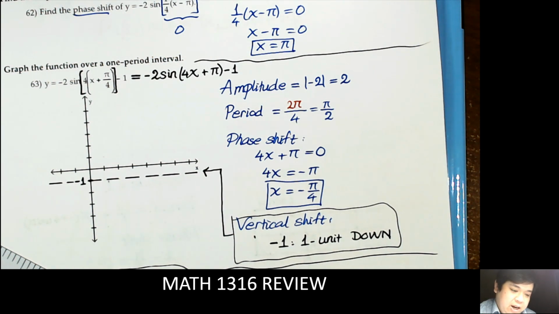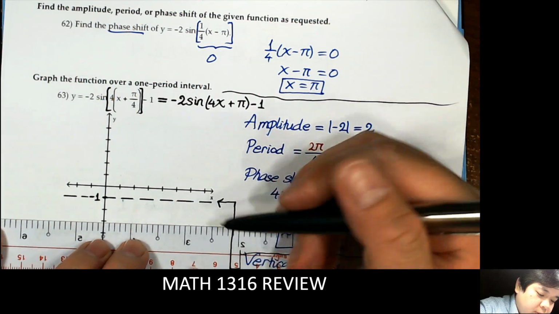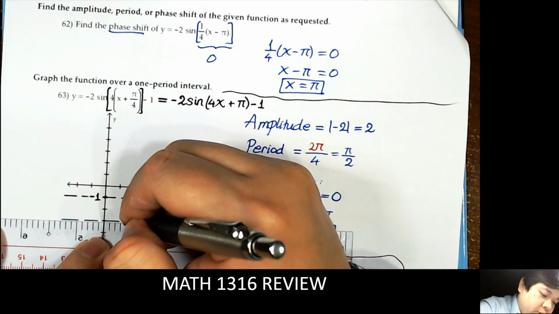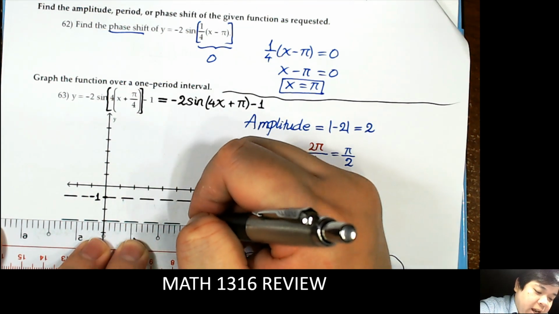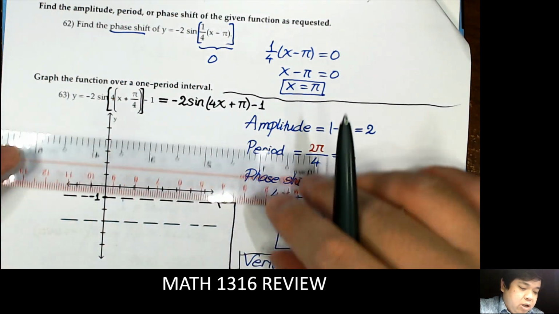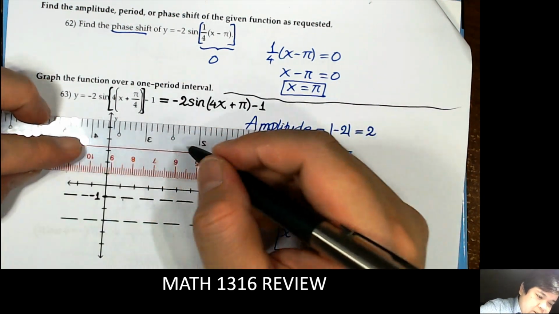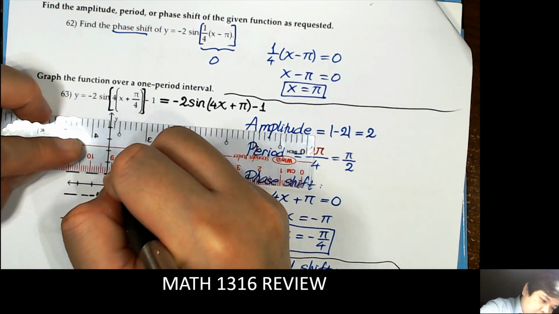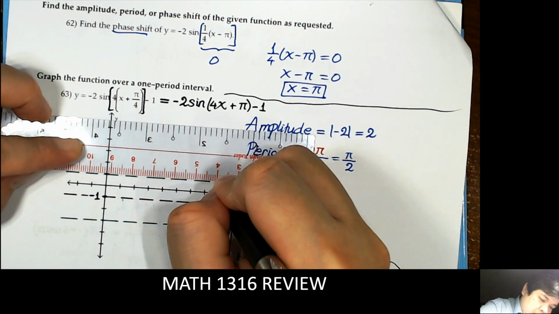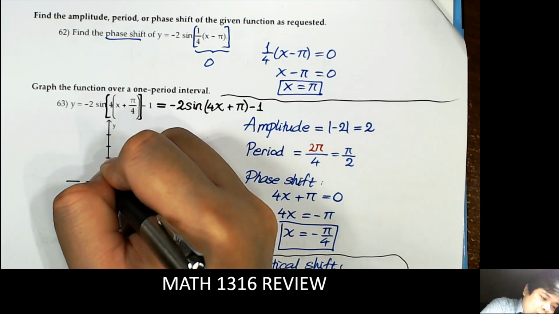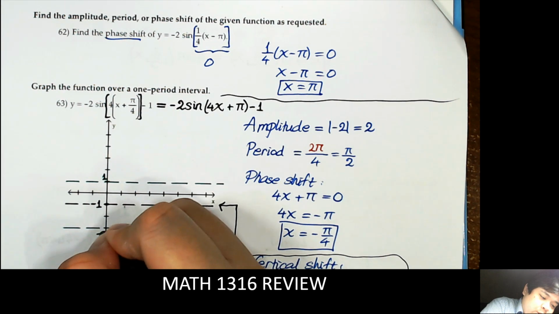And then go up and then down from there. Amplitude 2, so 2 up. The vertical shift and the amplitude will determine the vertical component of the graph. If we start from -1, go up 2 units, that would be 1. Go down 2 units would be -3.